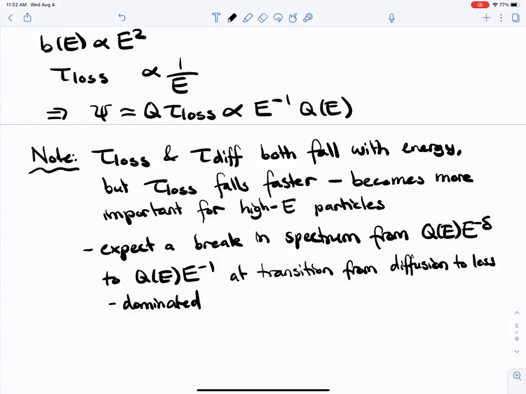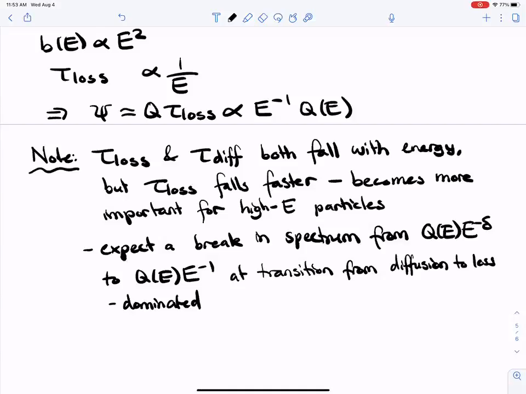What I'm saying is that if I ask what is the time scale for this particle to lose an e-fold of its energy through inverse Compton scattering or synchrotron on one hand, or through diffusion, which is a little bit complicated when I'm just talking about one particle, but this particle is losing energy through losses. That means that if I inject more of these particles at different times, they will make a whole spectrum. I'll do the case of delta function injection in a second, because it's a little bit different.